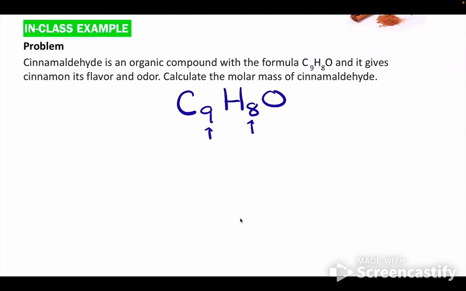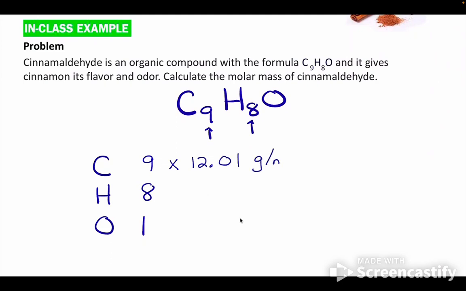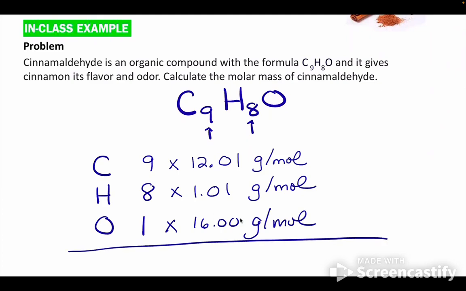A simple way that I like to teach it is to list the elements and how many of each element are in the compound, and then look up the molar mass of that particular element. Remember, we're always going to go to the hundredths. Carbon is 12.01 grams per mole, hydrogen is 1.01, and oxygen is 16. Then it really is just multiplying and adding all those up.